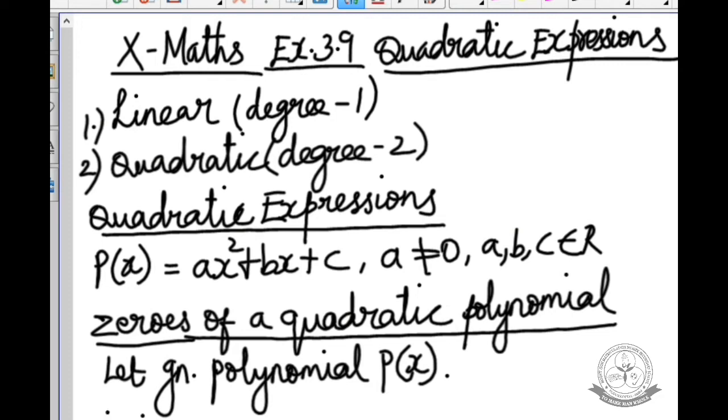If for x equal to a, if you substitute a, we get p of a equal to 0, it implies x equal to a is called the zero of p of x.